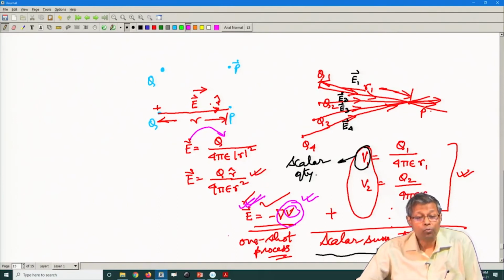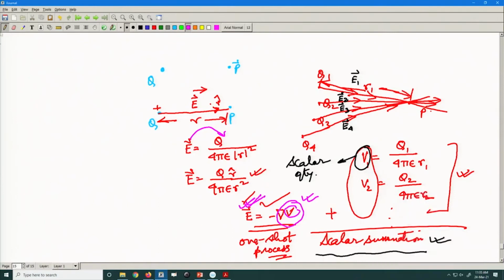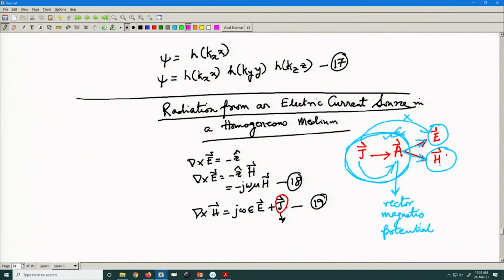That means that without walking this route, the direct computation of electric field is not at all possible.